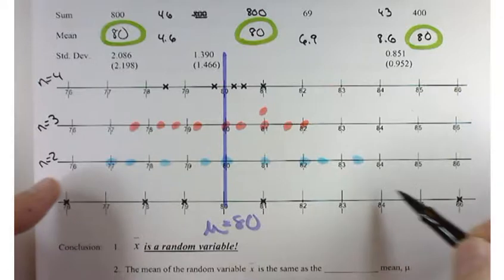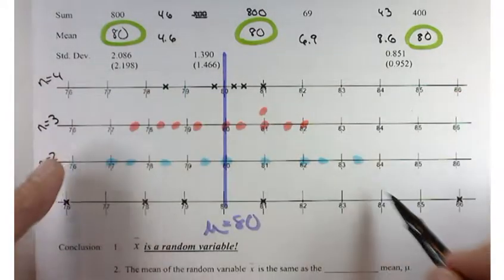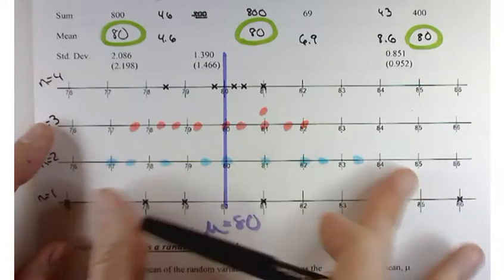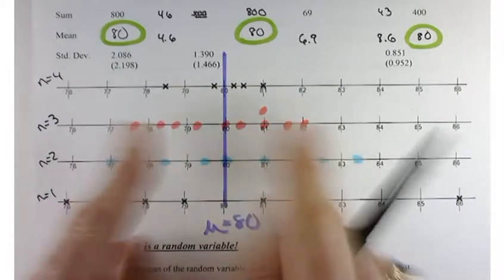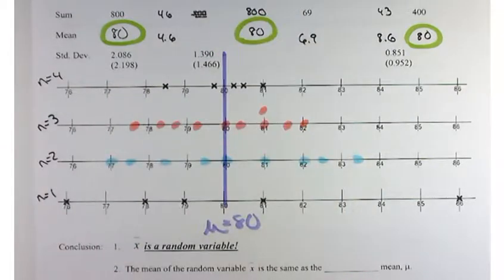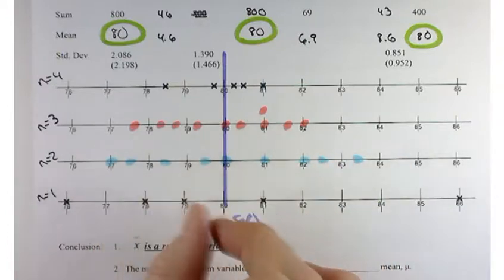And somebody said that you're getting closer to 80. Yeah. What's a way we can describe the fact that we're getting closer to this central value? What word do we have in statistics that describes how spread out the data is? Range, okay. Range, what else do we use to describe? Variance, yeah. The variance or the standard deviation of these things is decreasing.